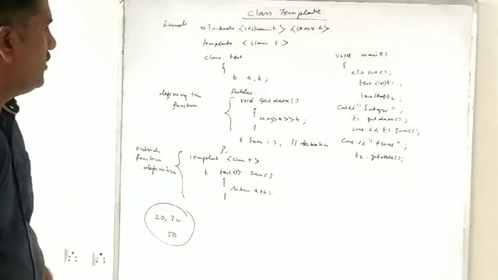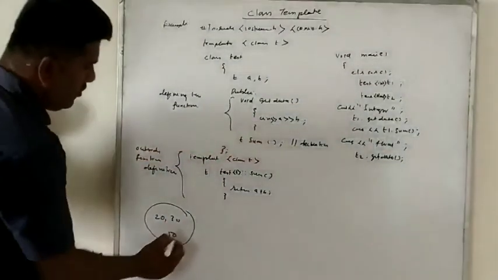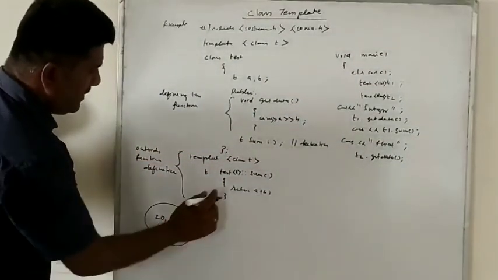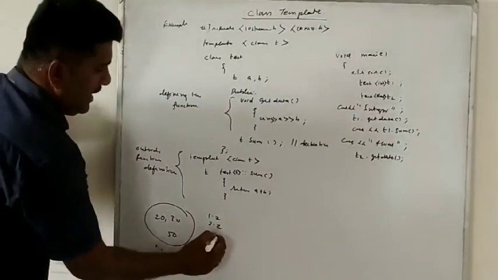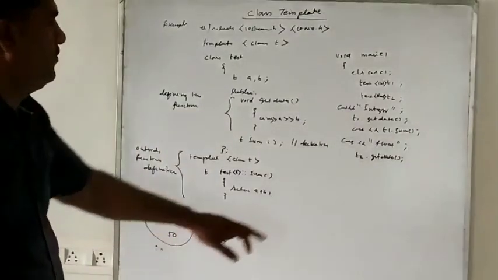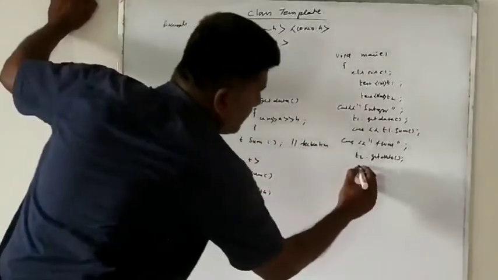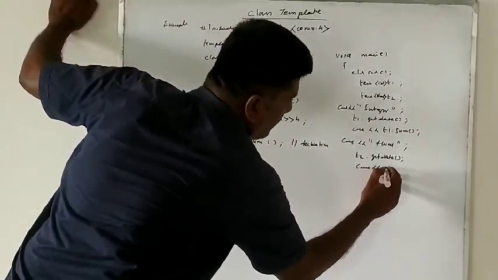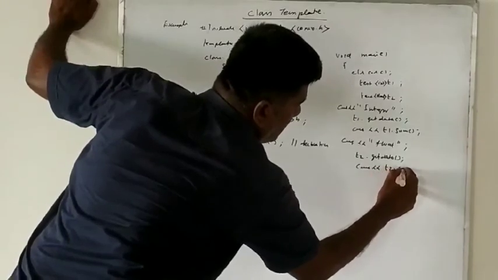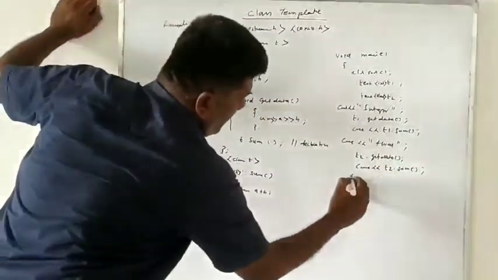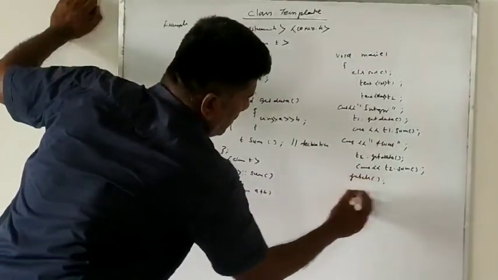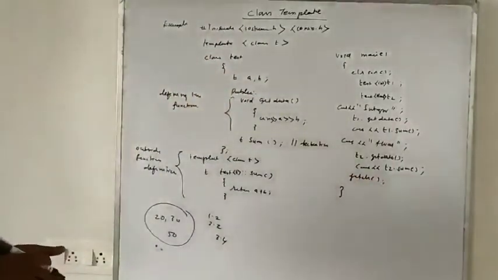You get the values, for example 1.2 and 2.2, so the answer is 3.4. So T2 dot cout, T2 dot sum. Finally, close the main function.